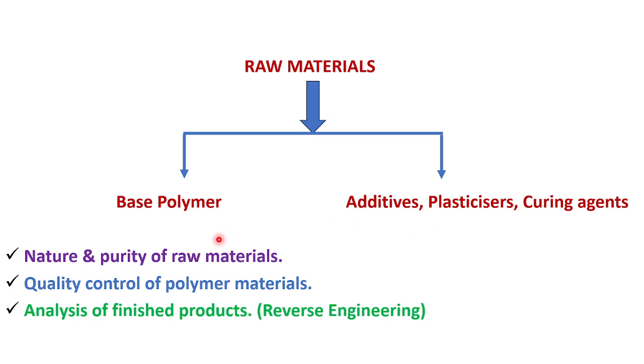In chemical analysis there are different analysis techniques: nature and purity of your raw materials, quality control of your polymeric materials, and analysis of the final product. You have to do chemical analysis of your raw materials to produce your final product, and again after producing it you have to do some testing and analysis of the final developed material. Basically this part is mainly applicable for reverse engineering purposes in different R&D sections.